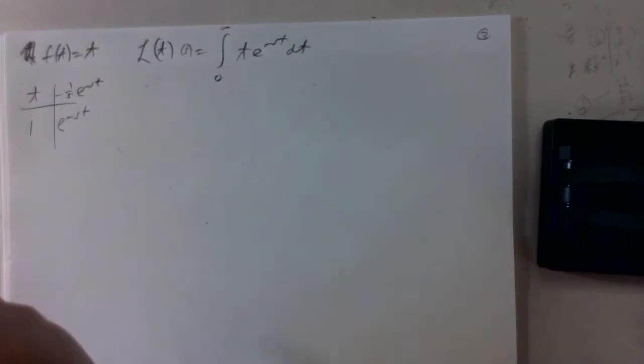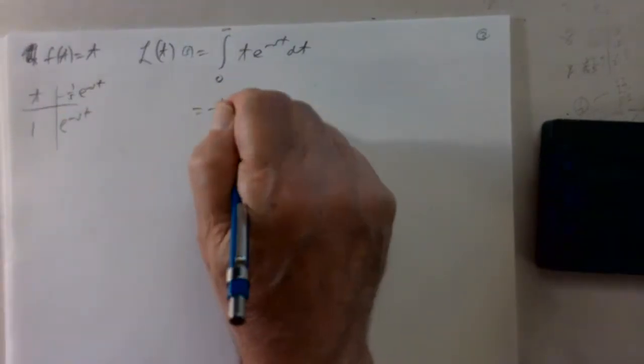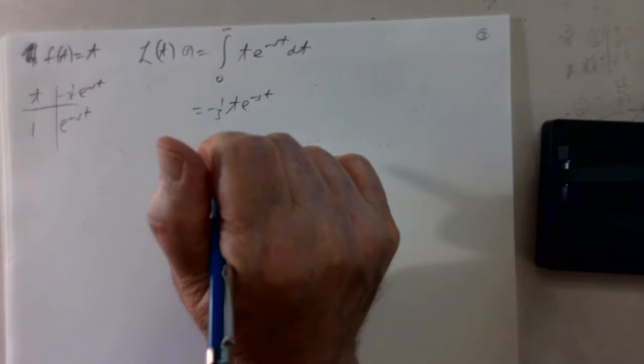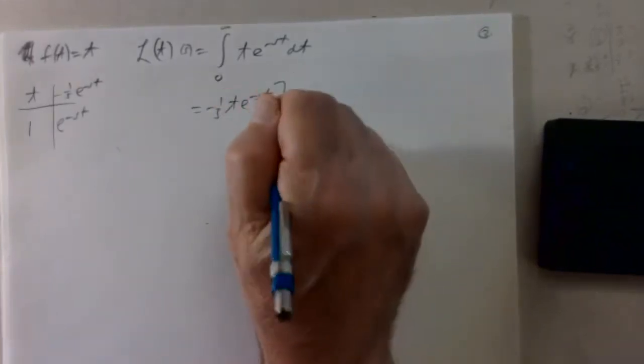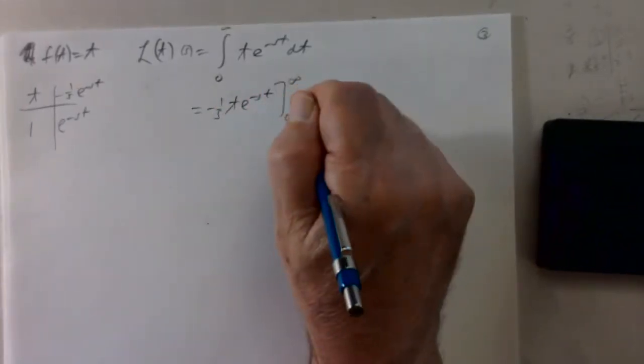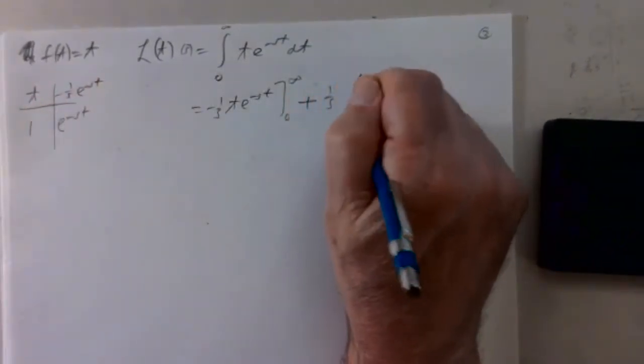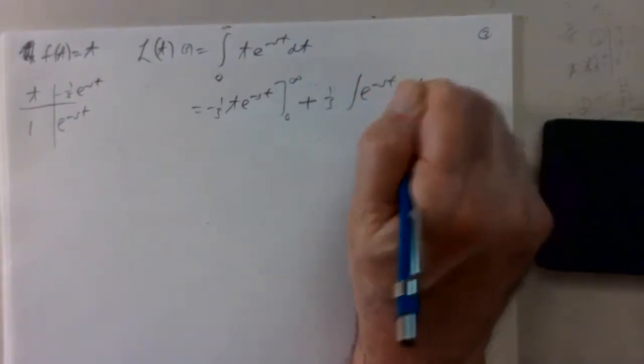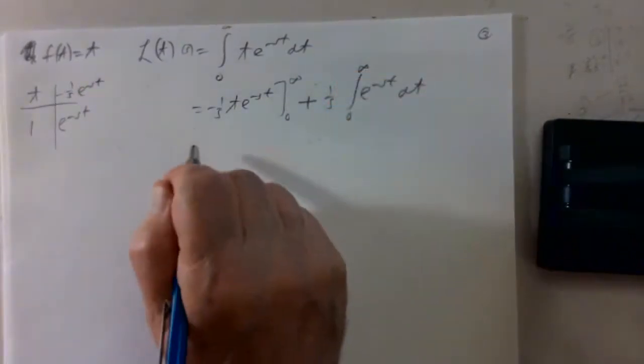t e to the minus st: the derivative of t is 1, and the integral of e to the minus st is minus 1 over s e to the minus st. So this is equal to t times minus 1 over s e to the minus st, evaluated from 0 to infinity, minus the integral of, in this direction, which is plus 1 over s, the integral of e to the minus st dt from 0 to infinity.